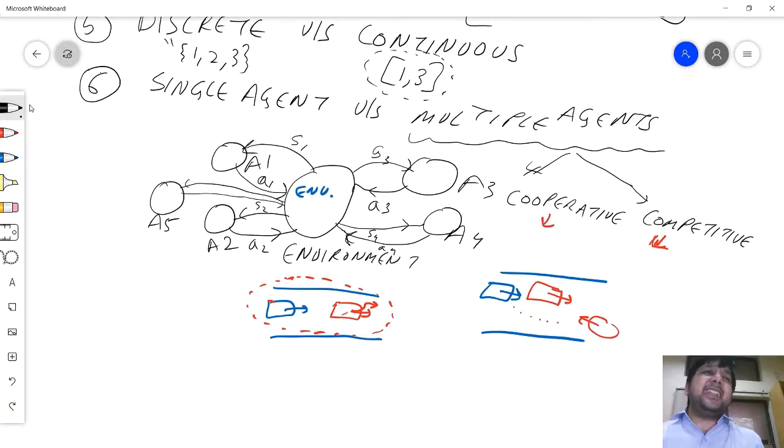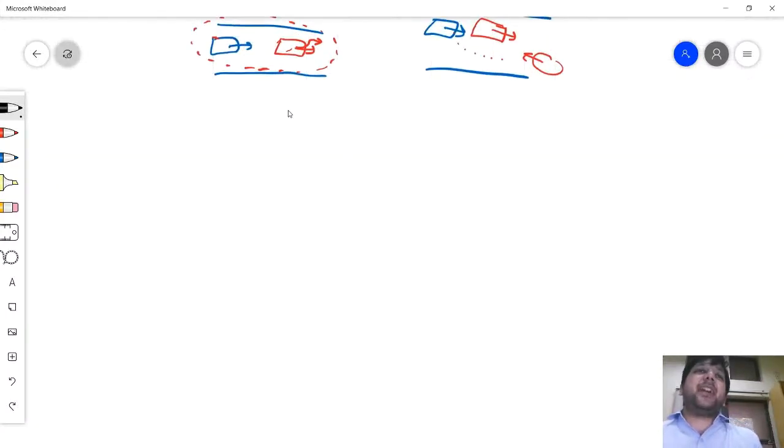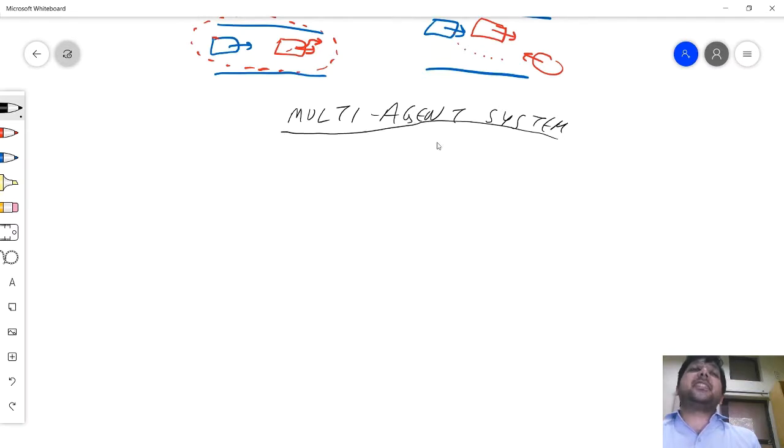Now, there is another classification that is very important for us in a multi-agent system. And so the previous one was on the basis of the number of agents. Now it's on the basis of communication.